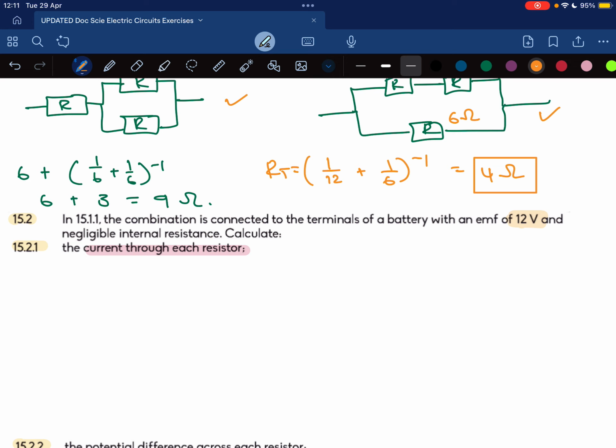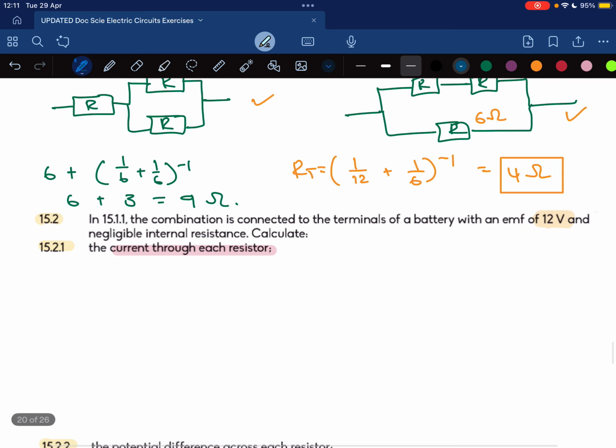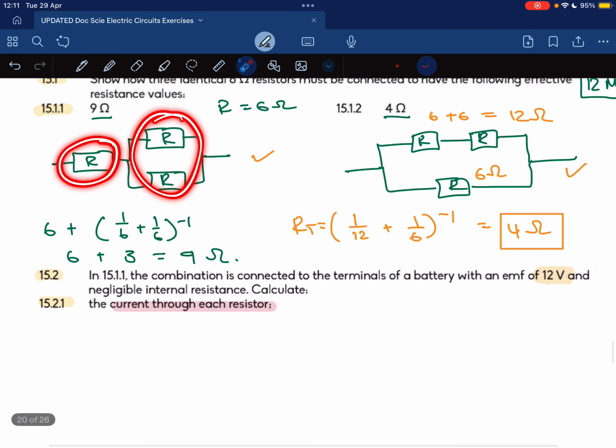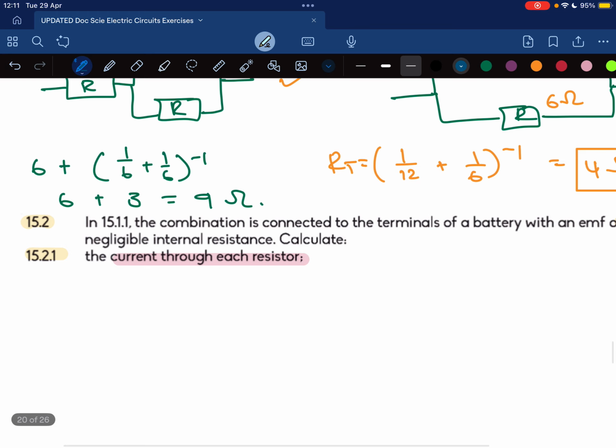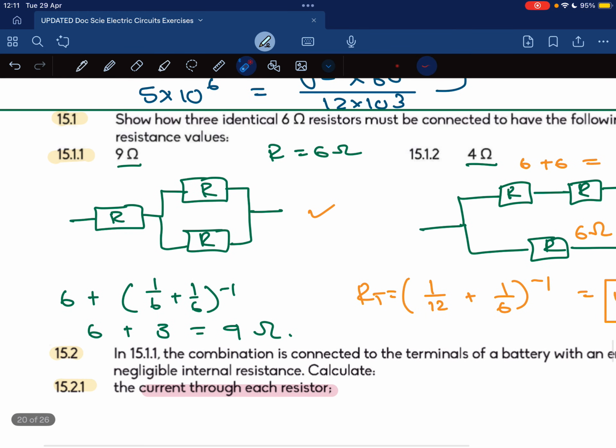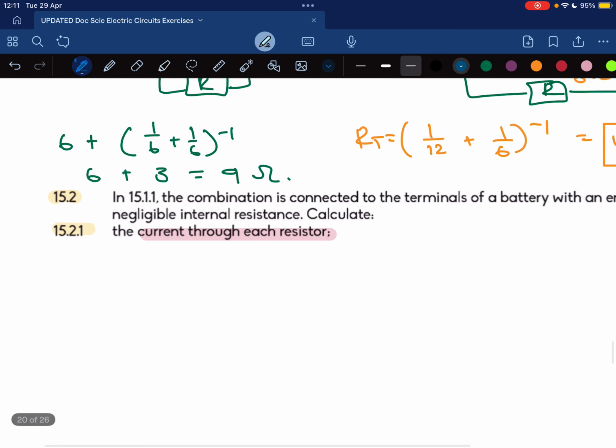It's important to note that the current is obviously going to be different for the resistor in series and the resistors that are in parallel with one another. What we do know is that the resistor that's in series is going to get the current that is the total current. We know that for a fact.